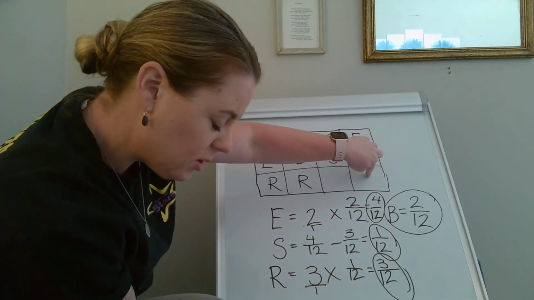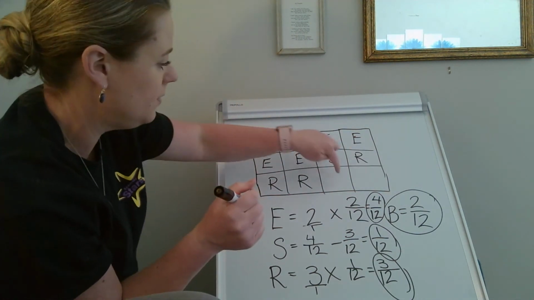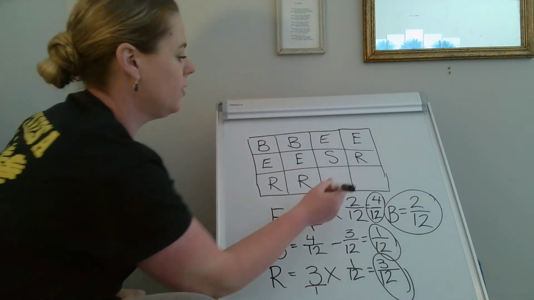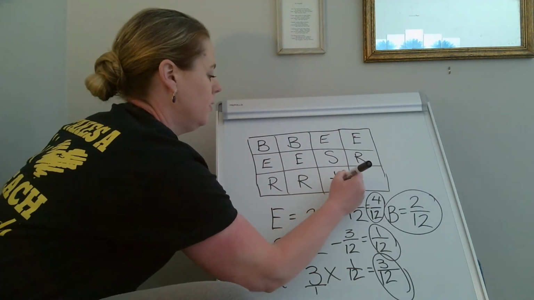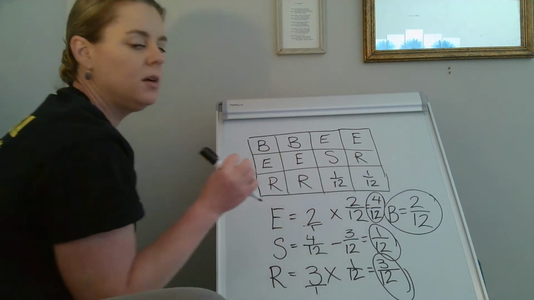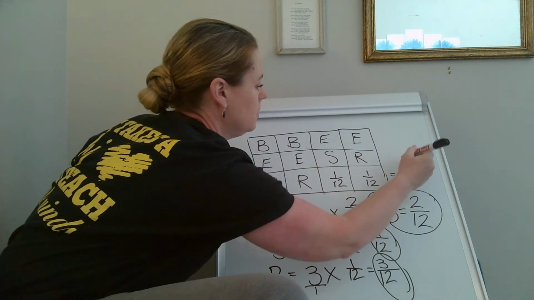The question is, how much still needs to be painted? So we have 2 empty spots. This is 1/12, and this is 1/12. If we add those together, it would be 2/12.